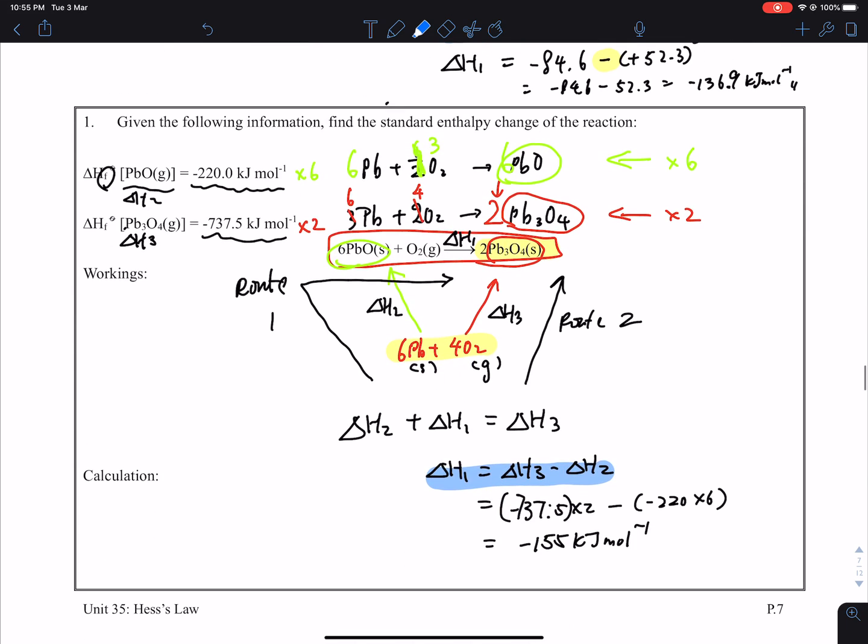And the next question here will be formation again. So can you see one thing in common? Whenever the numerical data given in the questions is a formation, you can use this for the calculation. You can make use of the formation of the product, which means PbPO4, minus the formation of the reactant, which is PbO.